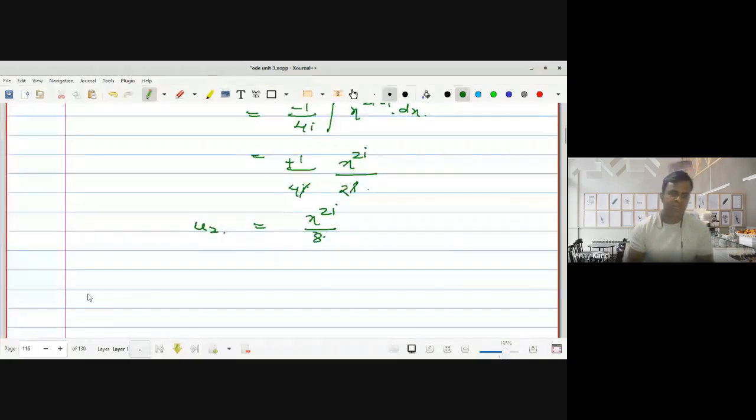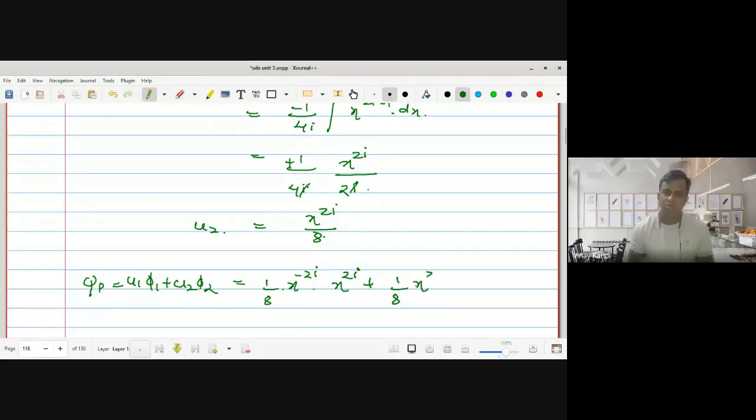What is psi p then? u1 phi 1 plus u2 phi 2, that is equal to u1, 1 upon 8 into x raised to minus 2i, into phi 1, which is x raised to 2i, plus u2, 1 upon 8 into x raised to 2i, phi 2 is x raised to minus 2i.